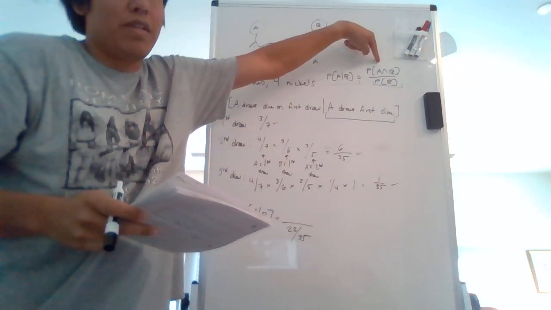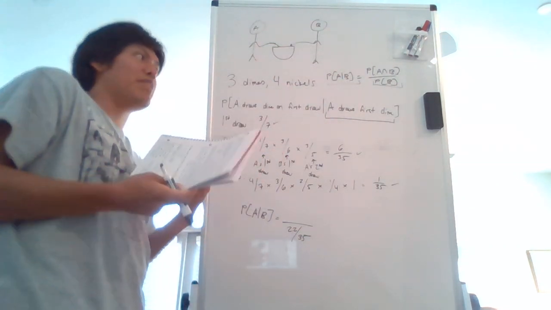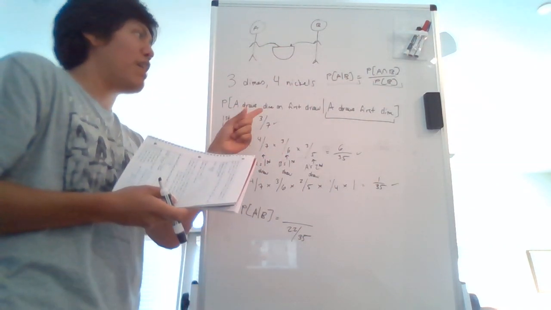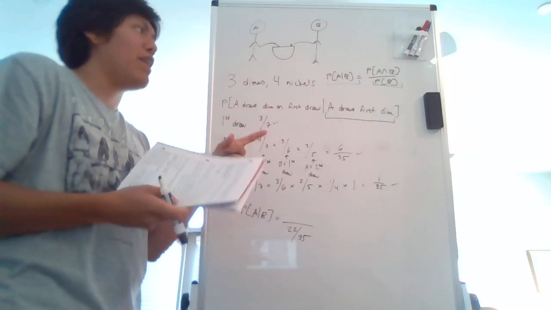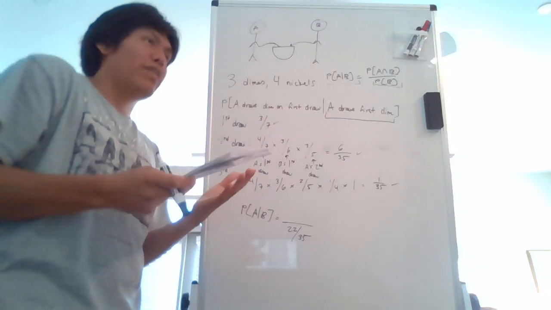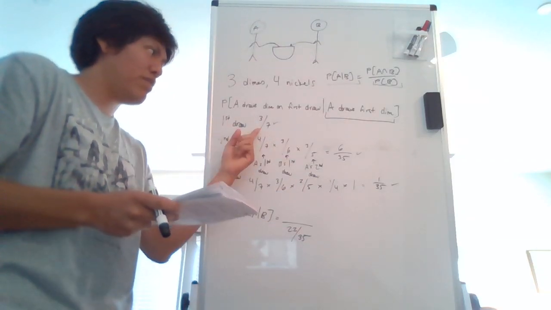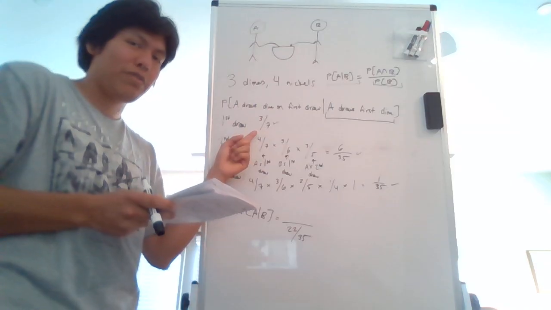What about this probability, A intersect B? Well, that's the same as saying A draws the dime on the first draw and A draws the first dime. Or rather, A draws the dime on the first draw. Well, we found that earlier. That was 3 over 7.